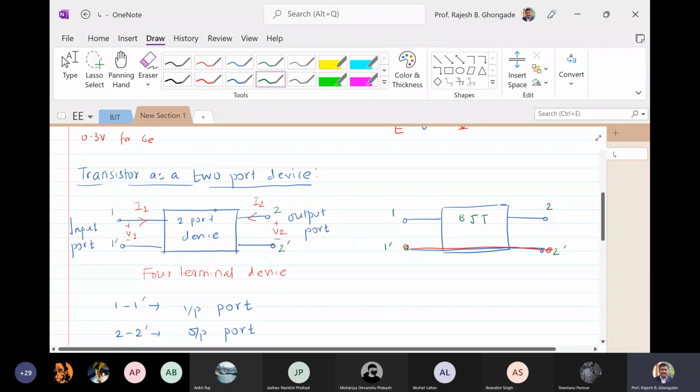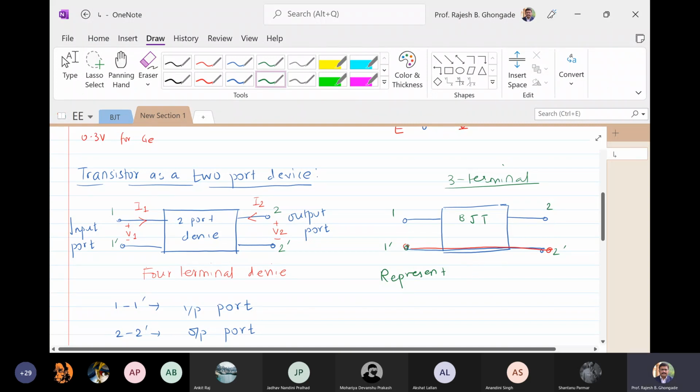Now if it were a 4 terminal device there would be no problem, but our bipolar junction transistor is essentially a 3 terminal device, no? Yes, sir. The terminals are base, emitter and collector. Remember this, I can represent the bipolar junction transistor in this form. If I want to do that for analysis purpose, what do I have to do?